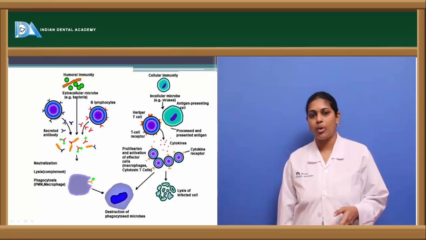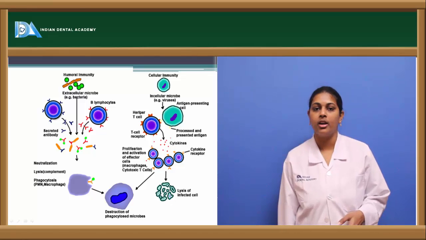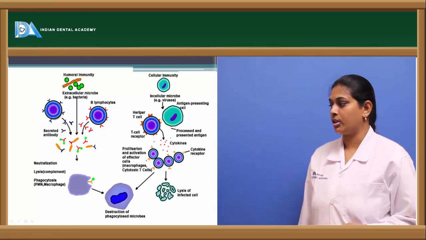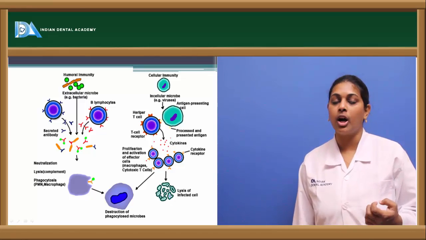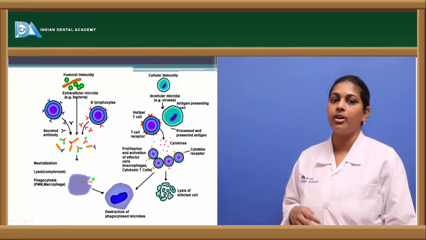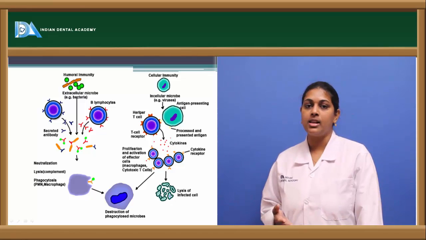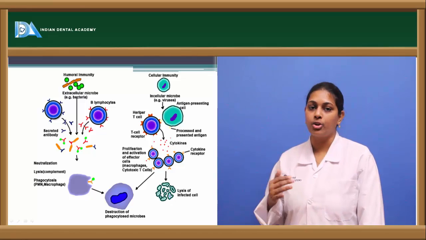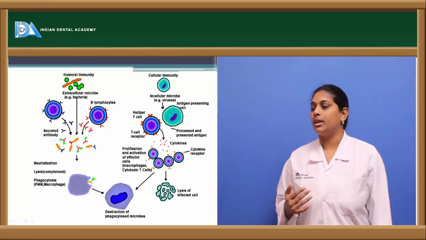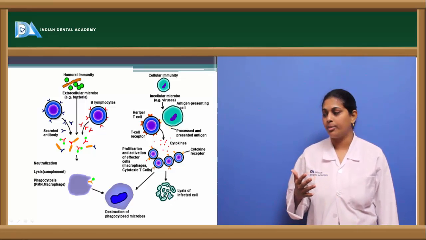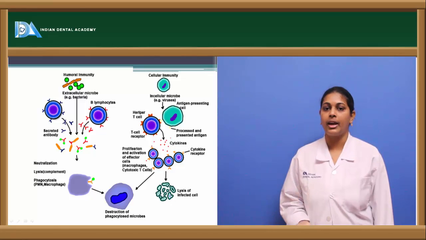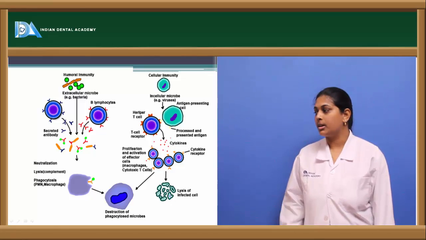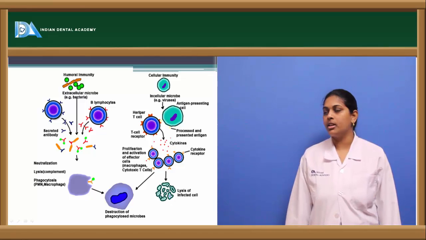These complexes are neutralized by the complement cascade activation. They do not damage the cells directly, but rather neutralize them and cause the lysis. They bring the degradation of this antigen antibody complex, and then these lysed products are phagocytosed, that is, engulfed by the macrophage cells. This is what happens in humoral immunity.